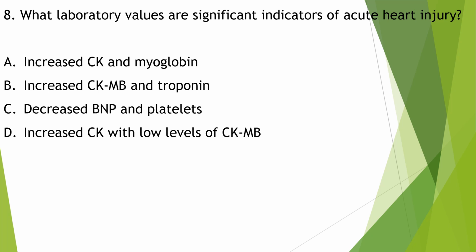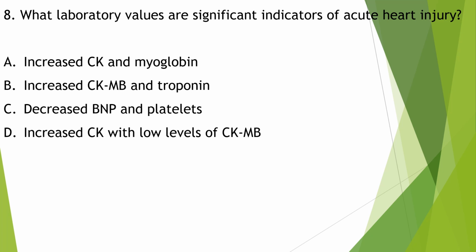So here for this particular question, creatinine kinase CK is a general marker of cellular injury. It is released from the cells in the brain, skeletal muscle and cardiac tissue after muscle damage has occurred. One isoenzyme of the CK is creatinine kinase myocardial band, that is CK-MB. It is the marker which is specific for cardiac tissue.